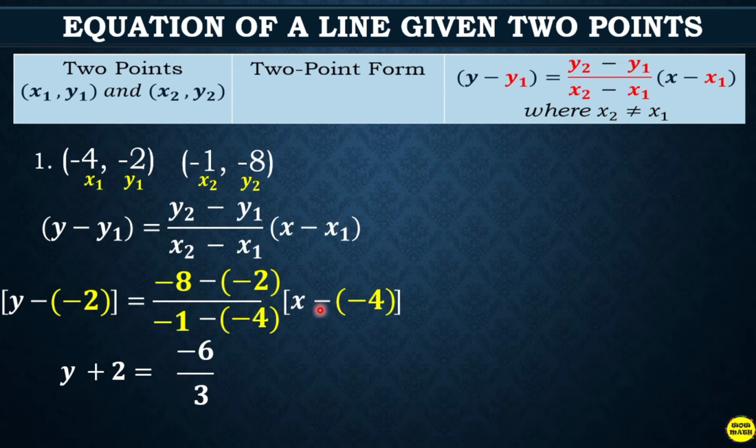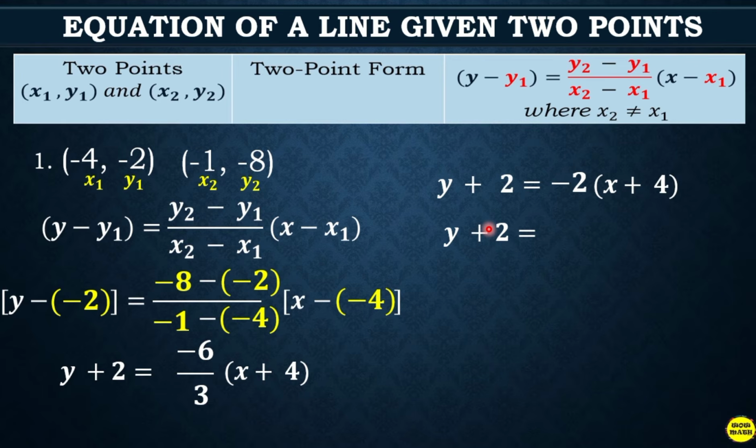And then, this will become positive. So, x plus 4 naman to. Okay, so copy natin si y plus 2. Simplify natin ito. Negative 6 divided by 3, that is negative 2 kasi different signs yan.